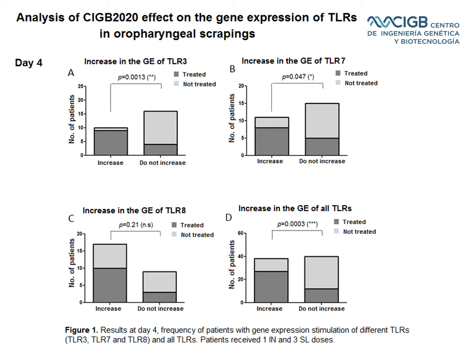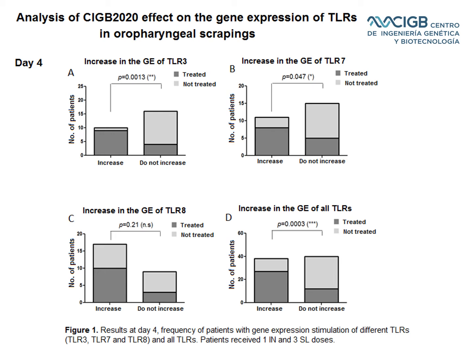The same happened with toll-like receptor 7 and with toll-like receptor 8. We were not able to obtain a significant increase. So the P was not significant for toll-like receptor 8 in these oropharyngeal scraping samples.